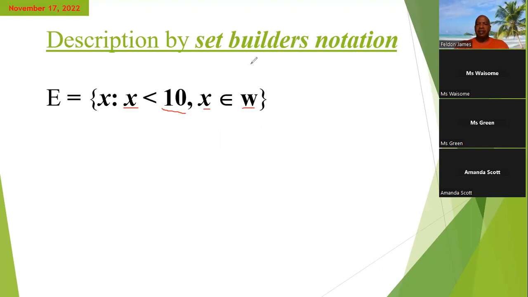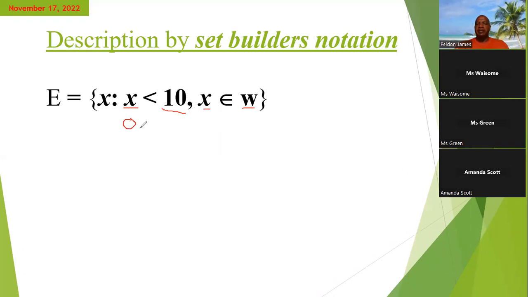Yes, sir. Based on the description, if the X values are whole numbers less than 10, then we know whole numbers begin at 0. So in our listing, we simply list all the members from 0 up to, how far are we going, Ms. Green?